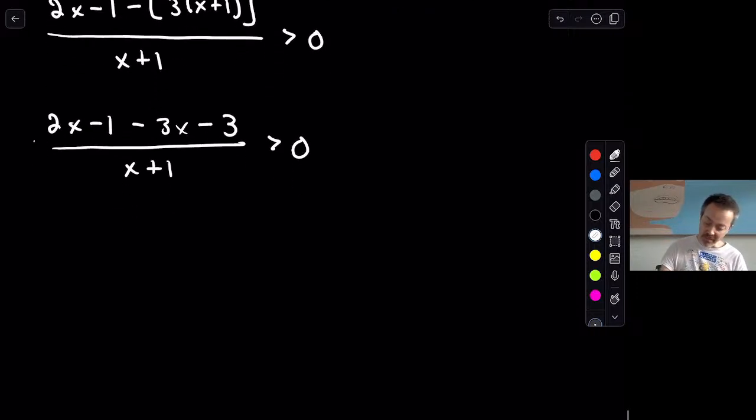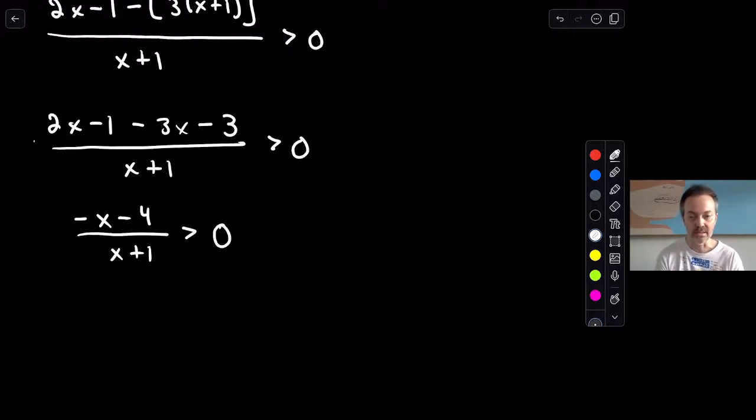And if we keep simplifying, what is that? That looks like negative x minus 4 over x plus 1 greater than 0. Does that look good to all of you kind souls out there? I think it looks okay.